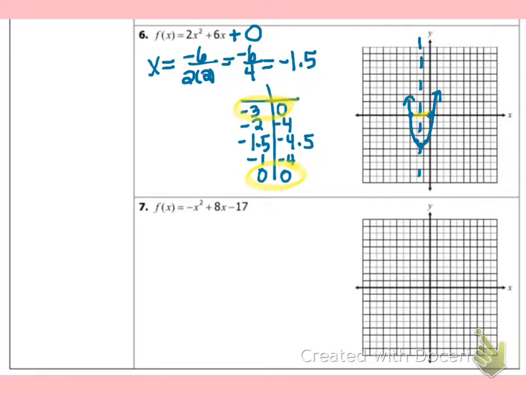So our two solutions are right here, x equals -3, or the ordered pair (-3, 0), and x equals 0, or (0, 0).